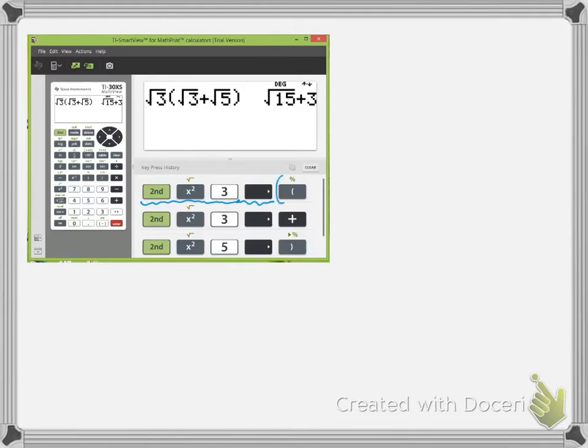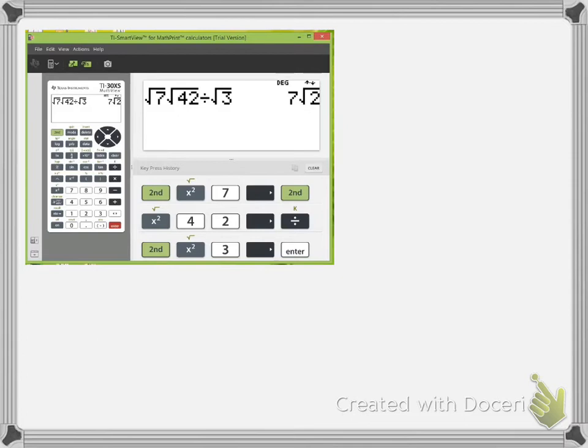And then the parentheses, you click another radical 3 inside. Move out the radical sign by clicking the right button, plus radical 5. And then you have to finish the parentheses. Okay, finally you click enter, you will get the right answer.